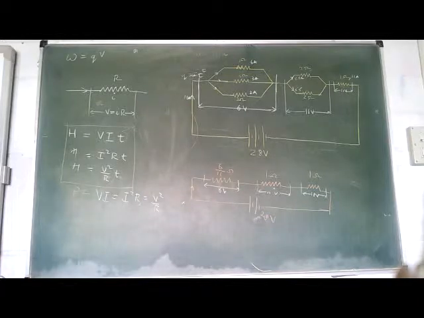Part 2: the two bulbs are put in series across a 220 volt supply. Again, you have to find the total effective power dissipated, and the heat in 1 minute.